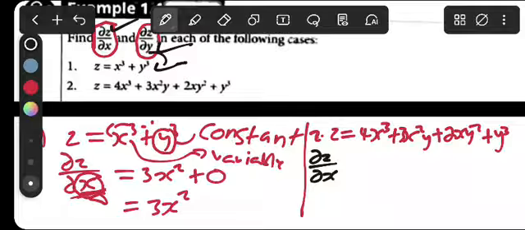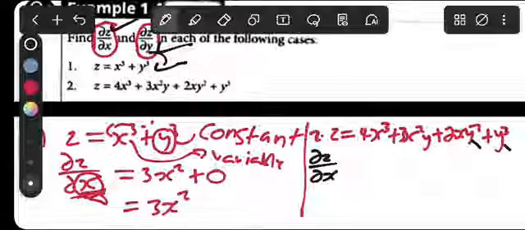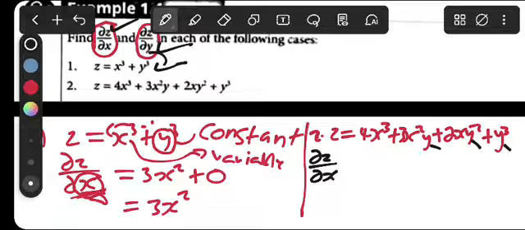Remember, anything that does not consist of x will be a constant. So do not use the product rule here, guys.